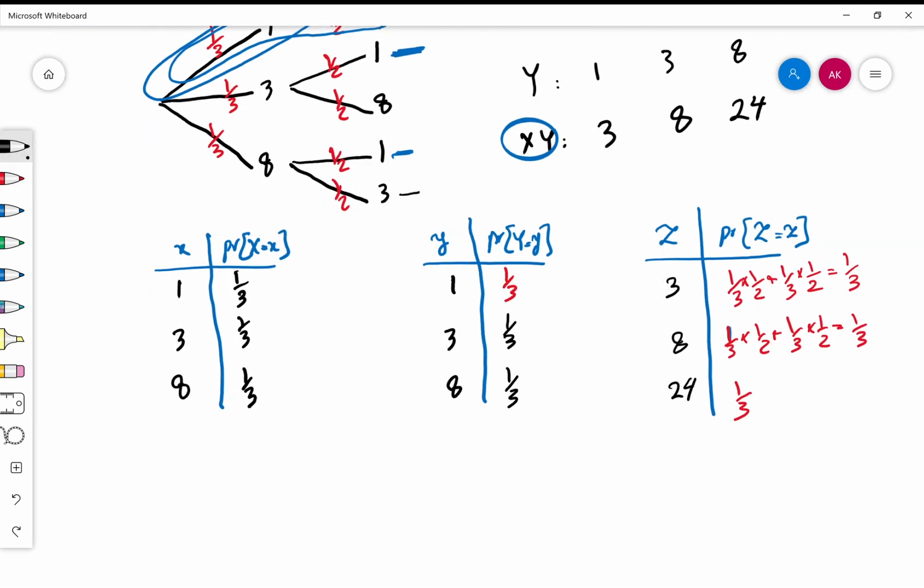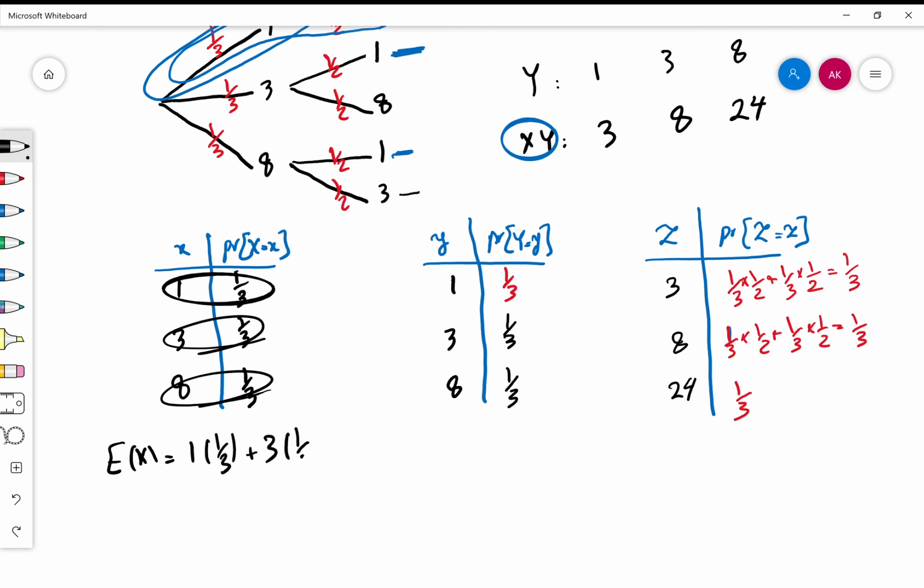Now we have to find E of X. You multiply each value by its probability: 1 times 1 over 3 plus 3 times 1 over 3 plus 8 times 1 over 3, which is 1 plus 3 plus 8 over 3, which is 12 over 3, and that is 4.